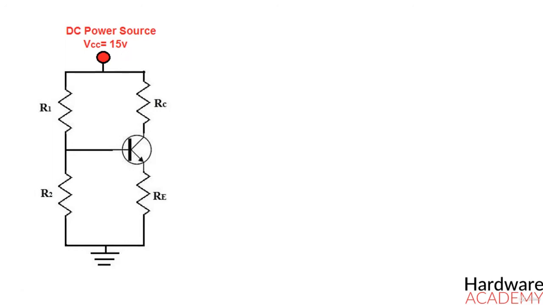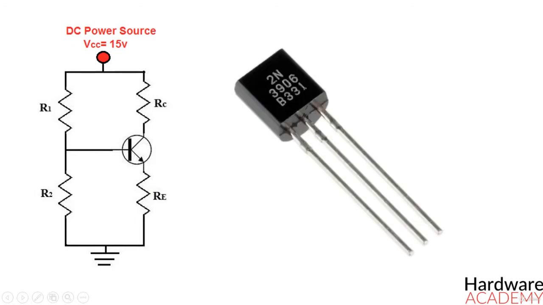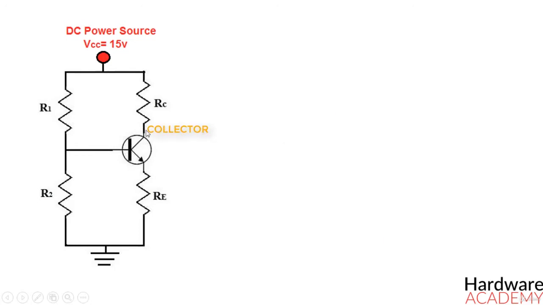I will not explain the functionality of the transistor in great detail, because that would go beyond the scope of this lecture, but basically a transistor is a 3-terminal device that consists of the following terminals: collector, emitter, and base.